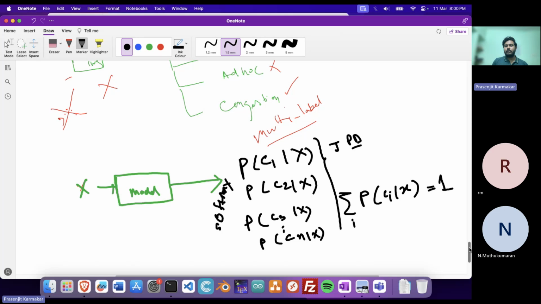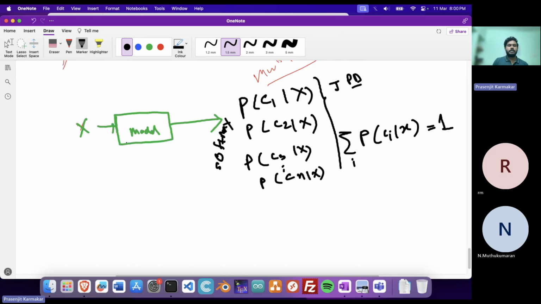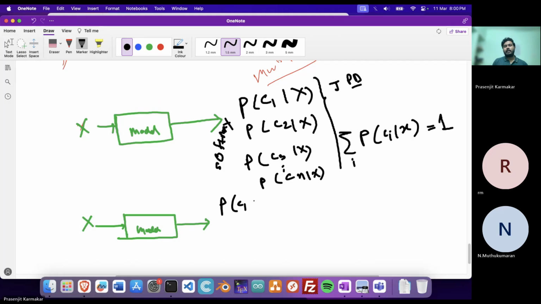Now, multi-label would look like this. Similarly, you give an input X. There is this model, and it also outputs probability of class 1 given X, probability of class 2 given X, and so on, up to probability of class N given X. Now, the change would be that this value is independent of this.